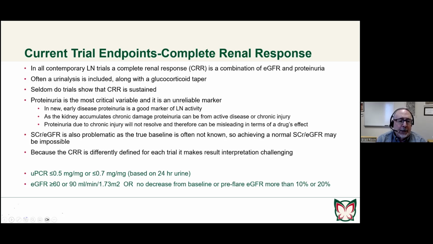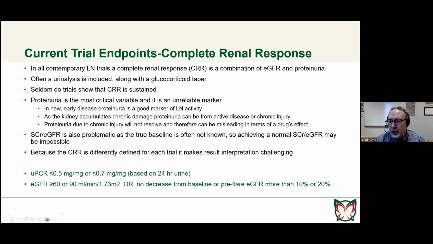We like to see an eGFR greater than 60. I will tell you right now, my field has defined GFR greater than 60 as okay. I never want a GFR that's 61. I want a GFR that's much higher. So how this is really considered adequate is beyond me, or a GFR of 90 mL per minute per 1.73 meters squared.